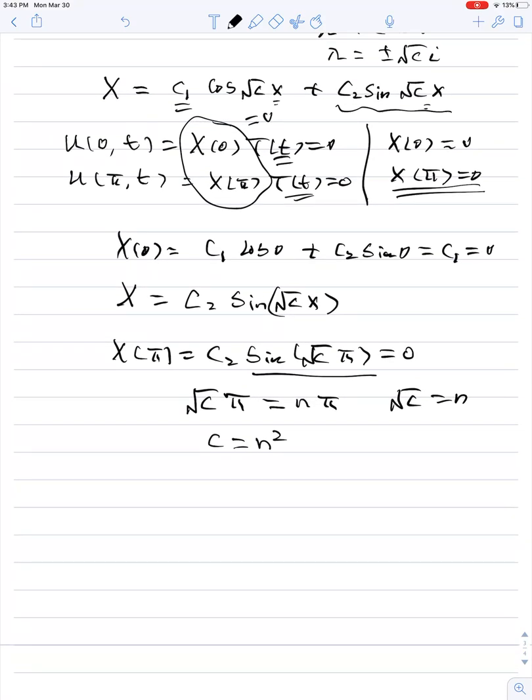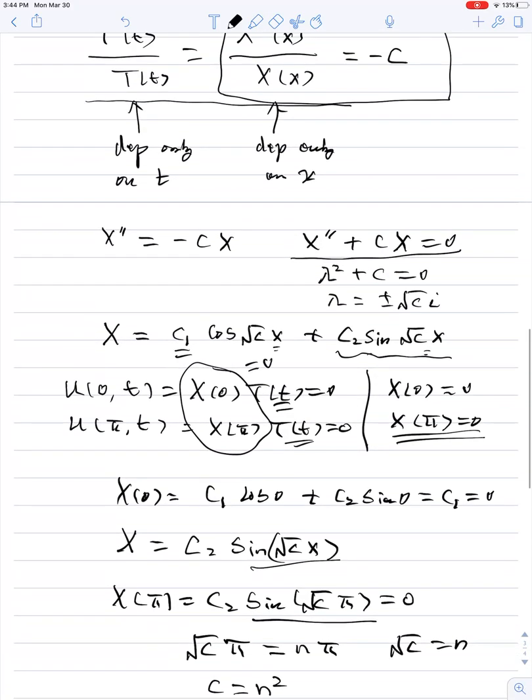Now we have c equals lambda squared, so X, forgetting about the constant, would be just sine of the square root of c x, so that would be sine n x.